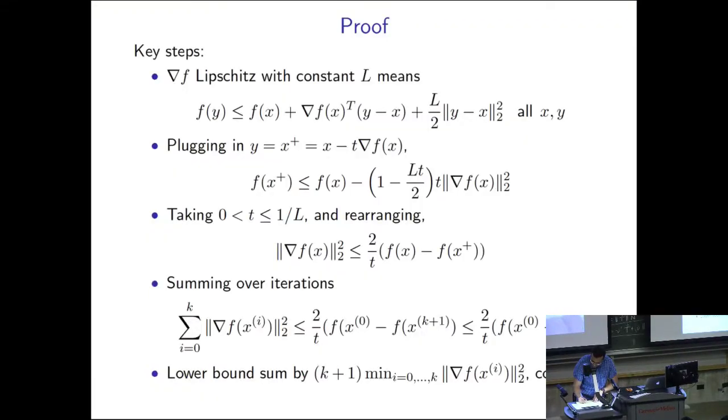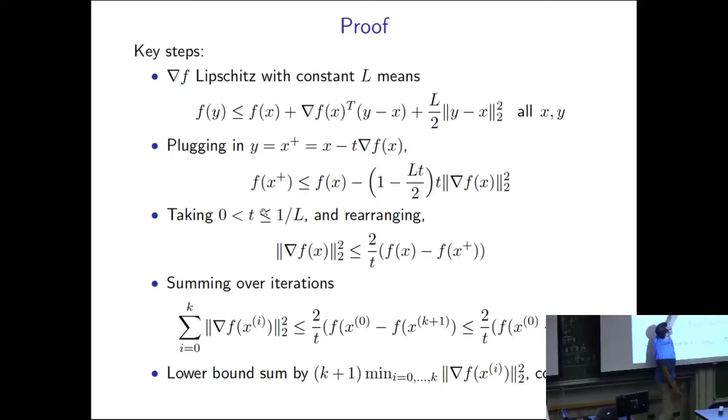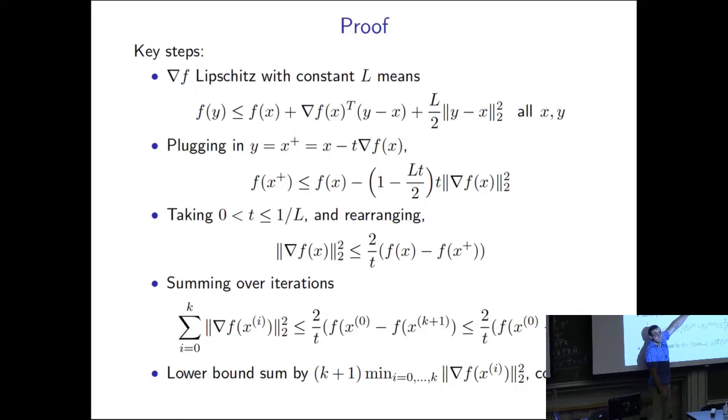As an example, we saw in this case that when we plugged in for y the next iterate, which was x minus t times the gradient, we could simplify this right-hand side to say that the criterion at the next iterate was less than or equal to where it was at the current iterate minus something.